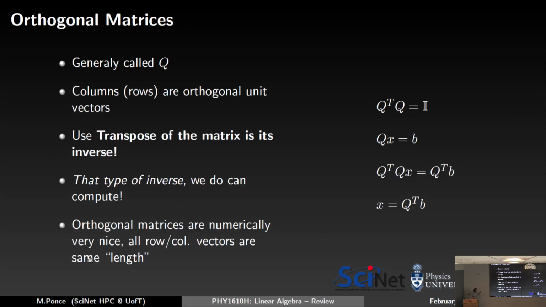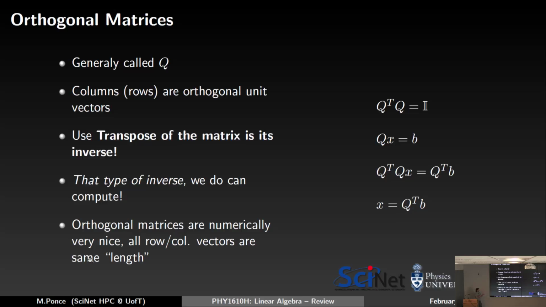Okay. These are a bit more elaborate kinds of matrices, but they still have some nice properties because of some manipulation that we can do with them. These are called orthogonal matrices. Basically, what it means from the geometric point of view, or the matrix interpretation point of view, is that either the columns or rows are orthogonal between them. Okay, so they are linearly independent. The nice thing about the matrix is that the transpose of the matrix is its own inverse because of this orthogonality property.